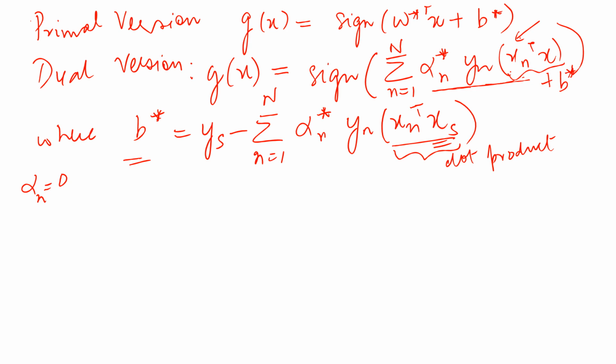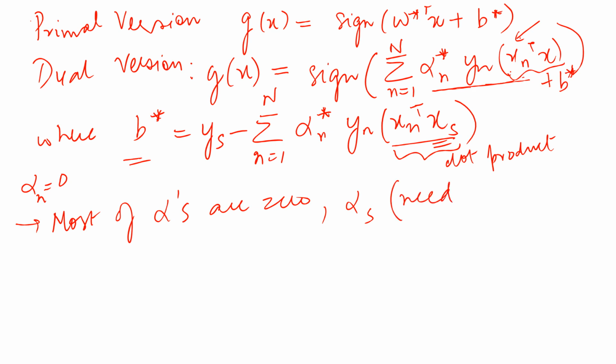The alphas greater than 0 are exactly the ones that are my support vectors. So in terms of my computation, I only need these in my final hypothesis.